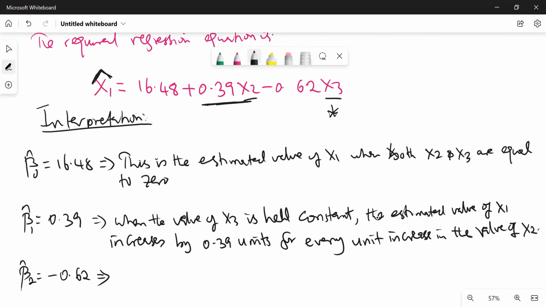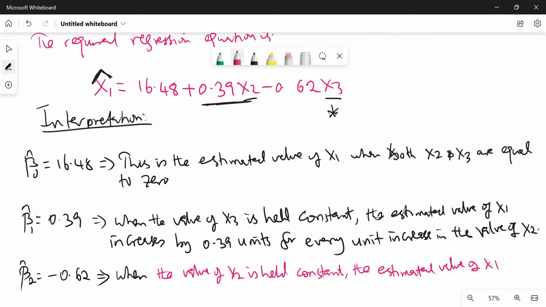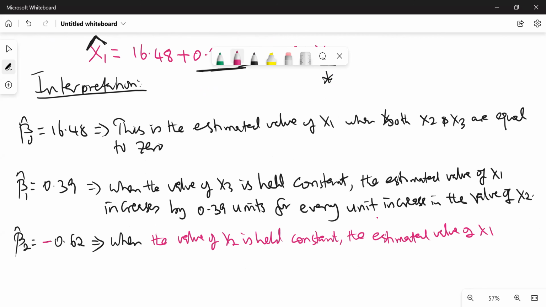So here we start by saying, when the value of x2 is held constant, in other words, if you control that value, the estimated value of x1, in this case, because it's a negative sign, we say decreases by 0.62 units for every unit increase.